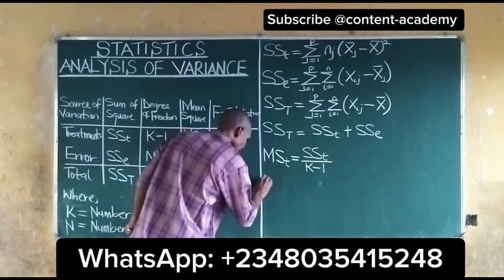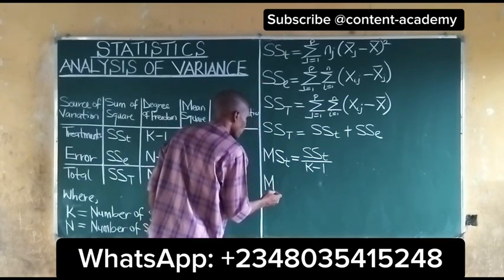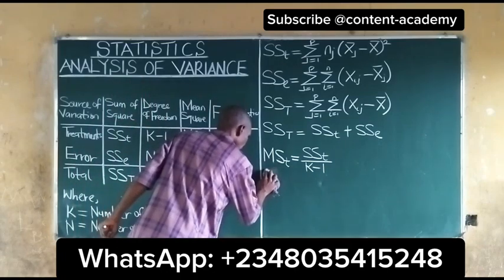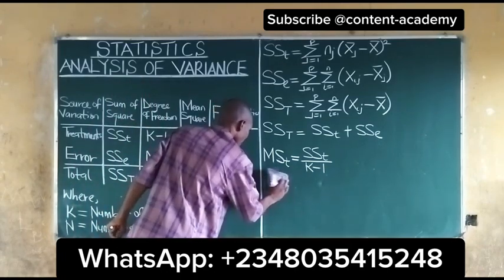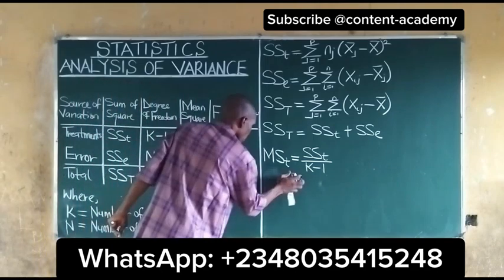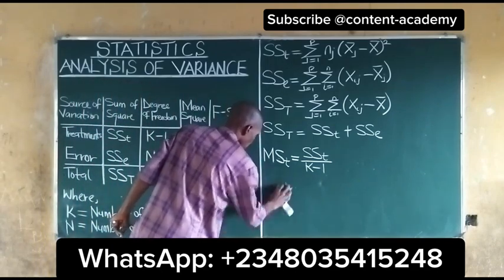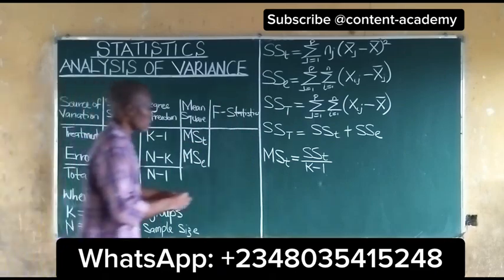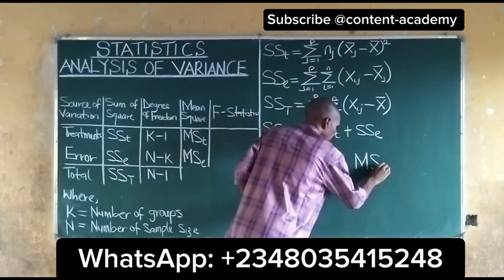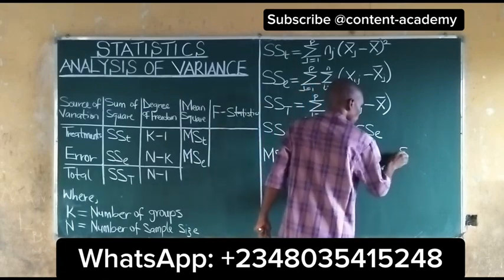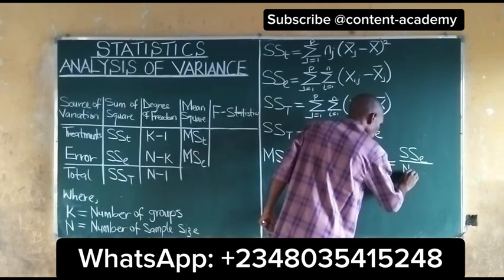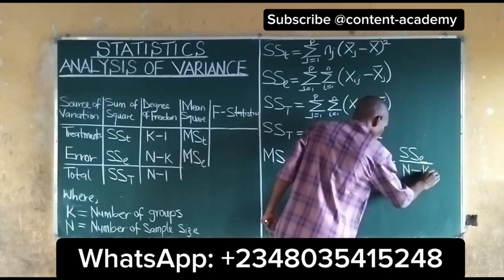How about the mean square error? The mean square error is equal to the sum of square error divided by the degree of freedom error.